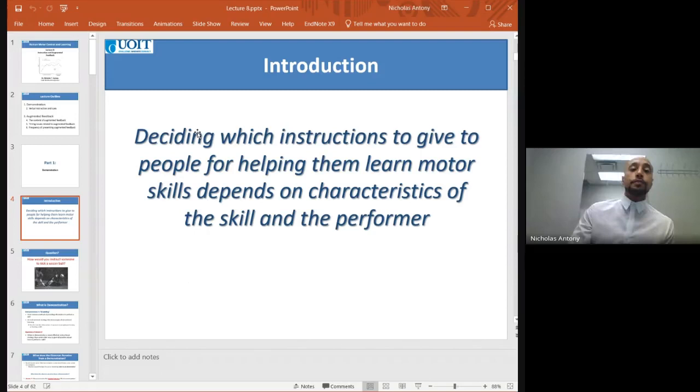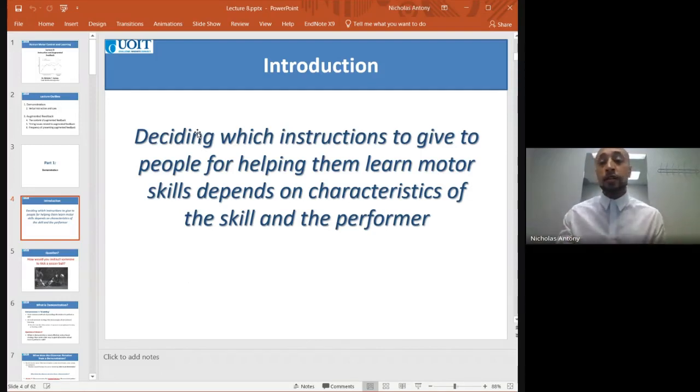Awesome. Okay. So the research question that spurred this idea is deciding what type of instructions to give people that will work to improve their motor learning.